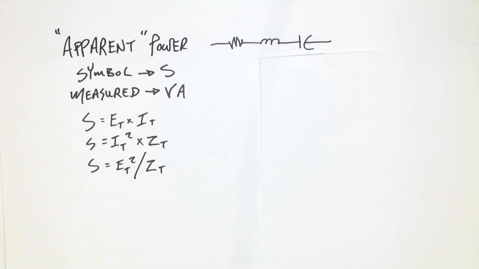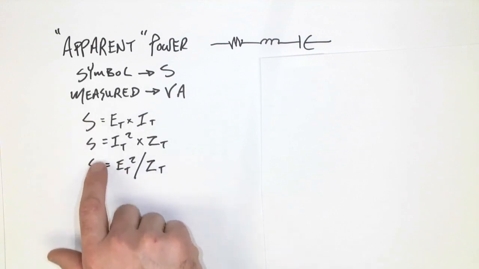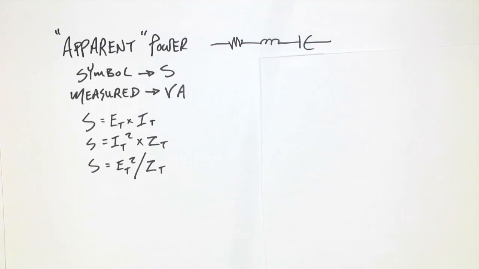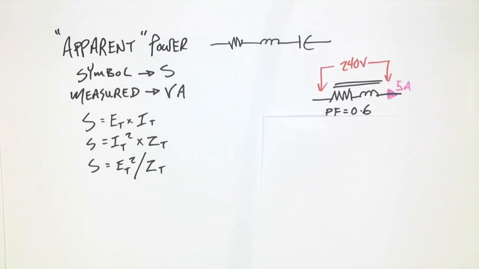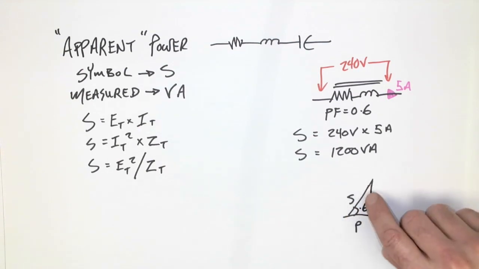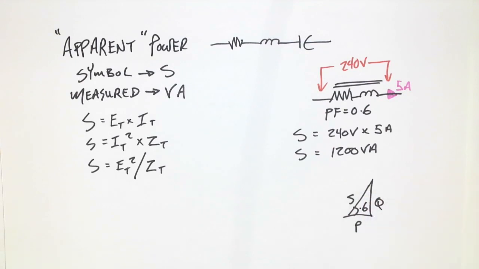It's symbolized with an S, measured in VA, and there are only three calculations that we can use in order to get this value, not four. And that's because, well, if you take the volts and the amps in an AC circuit, your immediate value is then VA. So we come out with 1200 VA. And the VA would then be represented here on the hypotenuse or S side of my power triangle.